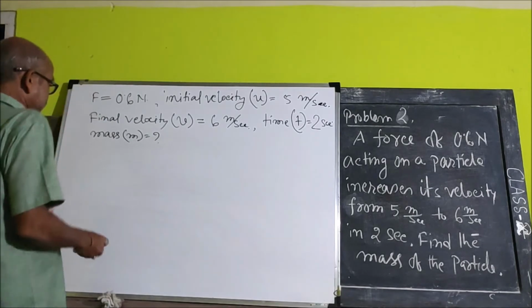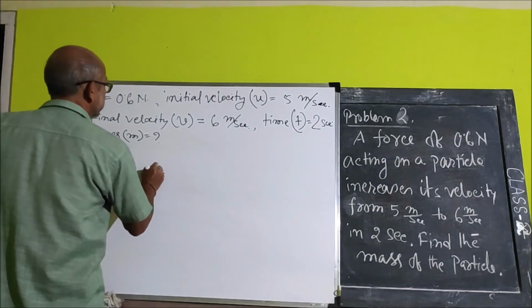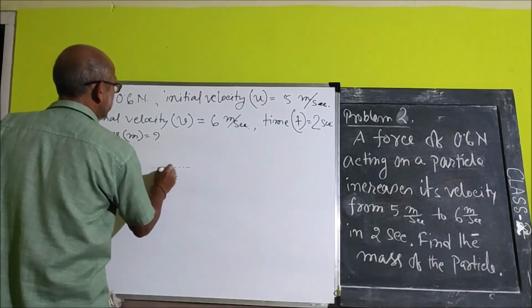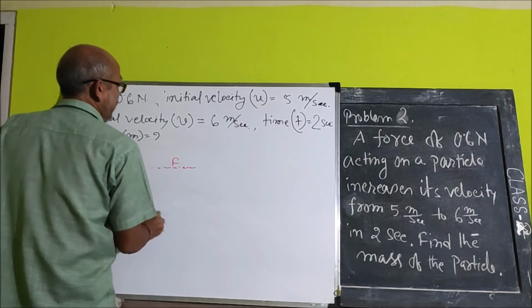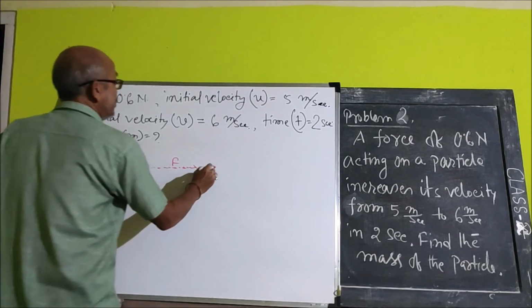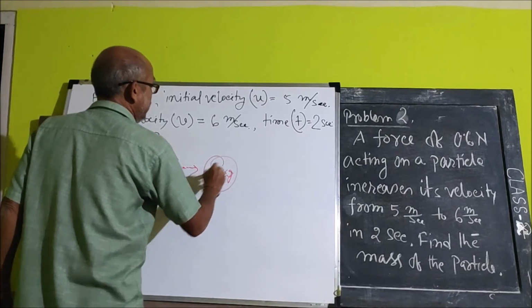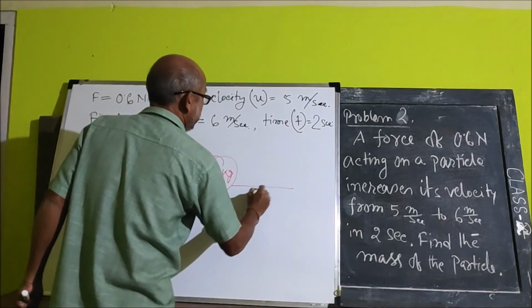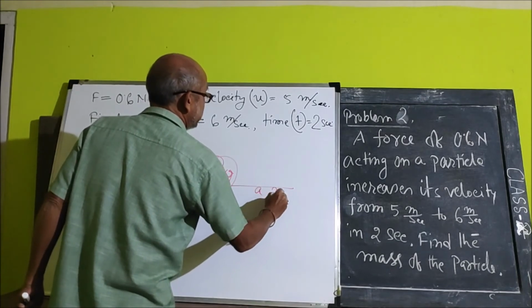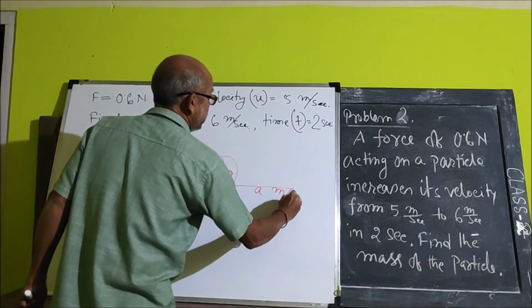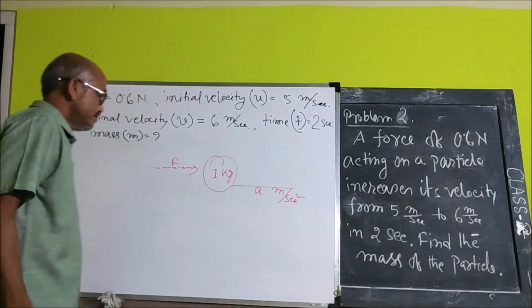Suppose there is an applied force, and this acts on a body of mass 1 kg and produces acceleration 1 meter per second square.